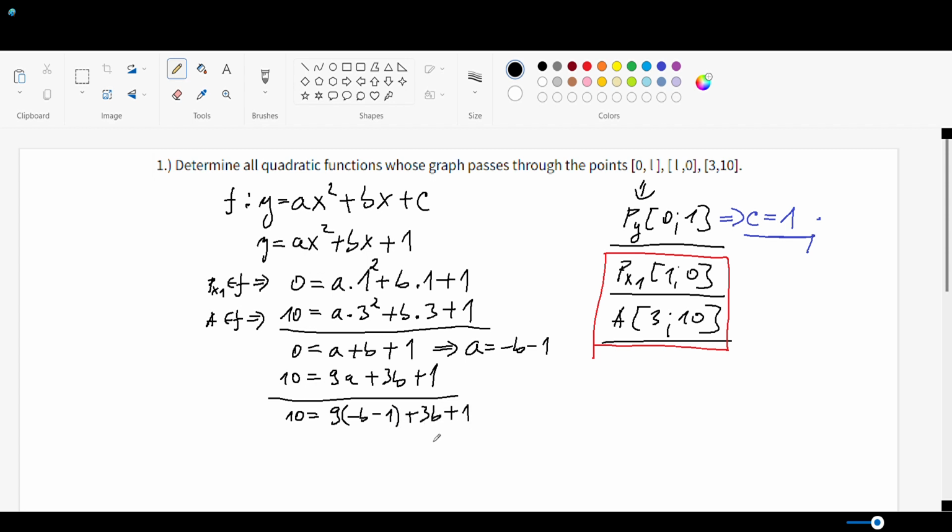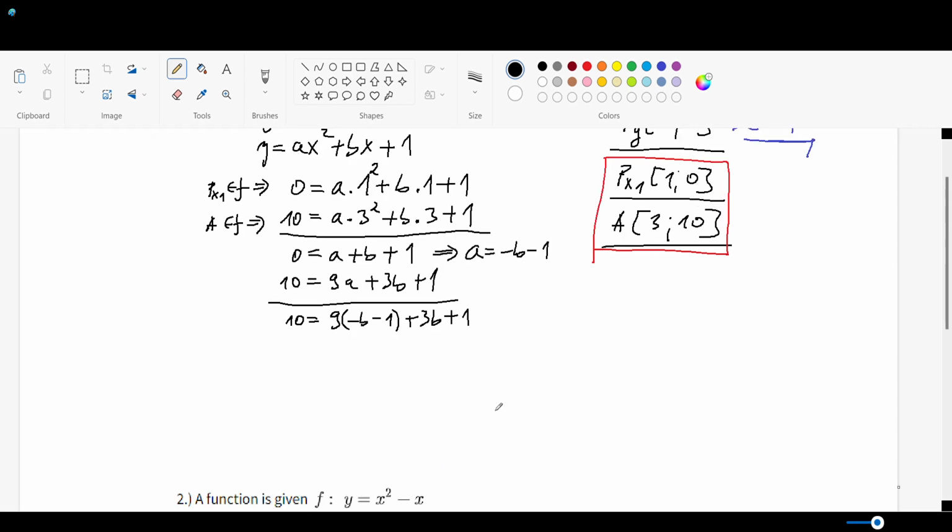So as you can see, this is quite good news, because now this is a simple linear equation with one unknown, which is in this case parameter b. So 10 is equal to negative 9b minus 9 plus 3b plus 1, which means 10 is equal to negative 6b minus 8.